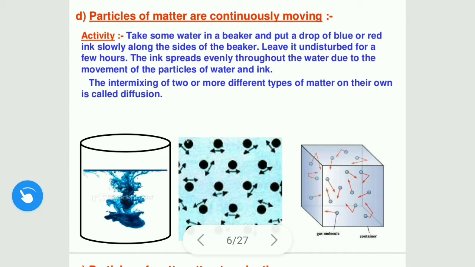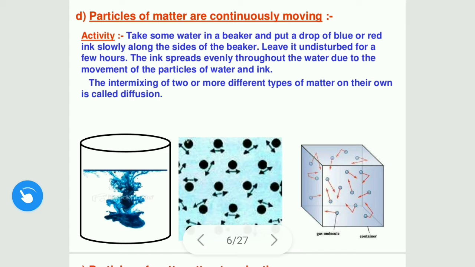Next is to prove that particles of matter are continuously moving. In order to prove this, take ink, water and a beaker. Take some water in a beaker and put a drop of blue or red ink, and don't stir it or shake it.